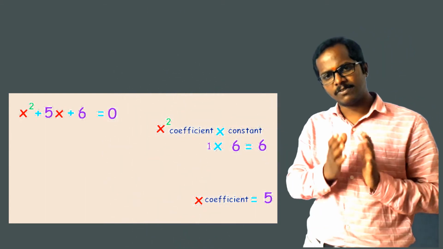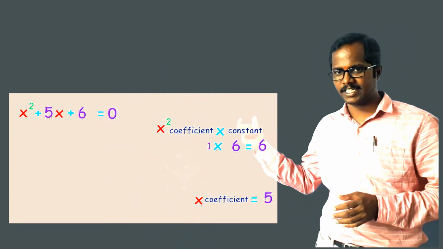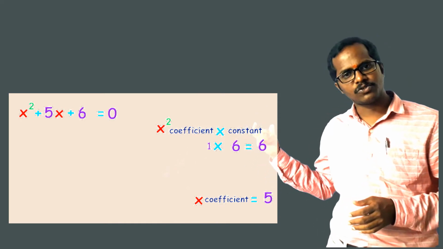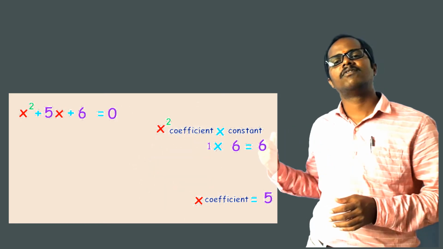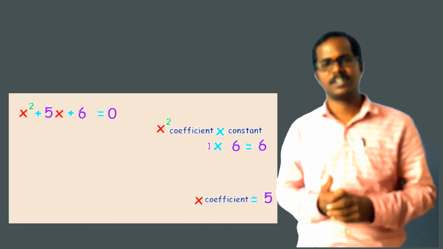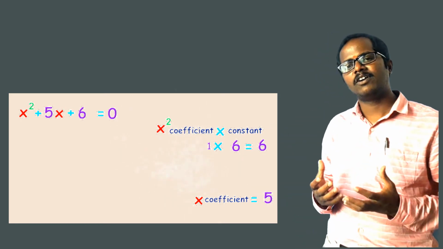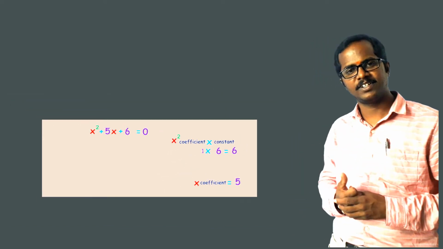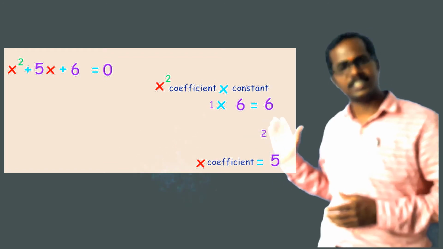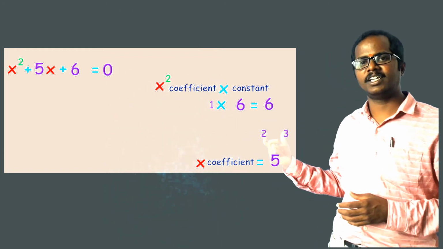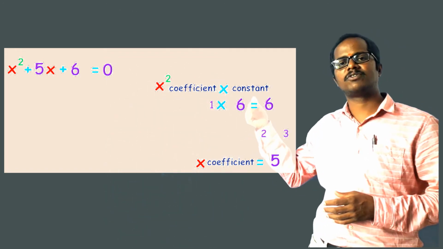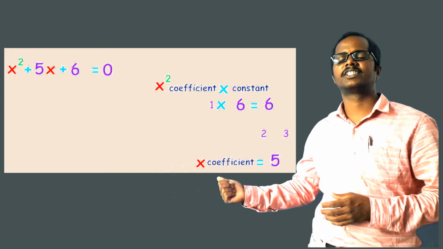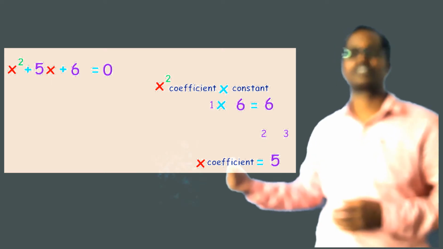Now we need to find a pair of factors of 6 such that the sum of those two factors equals 5, which is the x coefficient. Now tell me which pair of factors we need to consider here for 6. Very good, 2 and 3. If we take 2 and 3, the product of these two will equal 6 and the sum of these two will equal 5, which is the x coefficient.